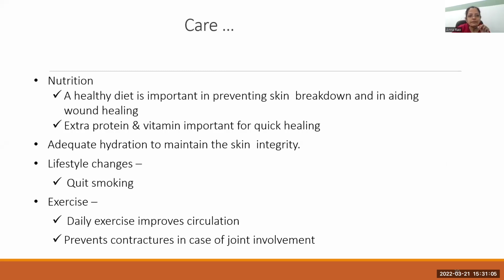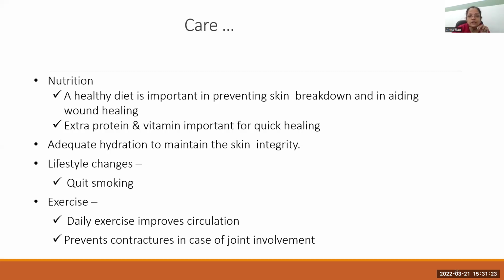What about nutrition? Right, healthy diet is very important in preventing skin breakdown, and it will also aid in wound healing. Extra protein, extra vitamins, especially vitamins C, A, E, all these are important.